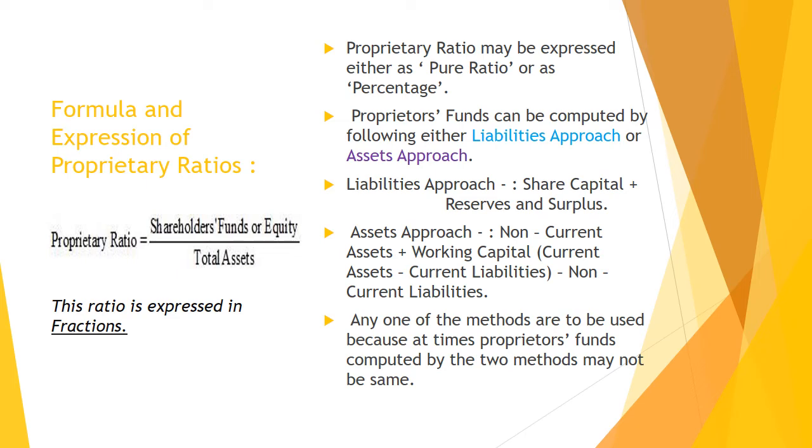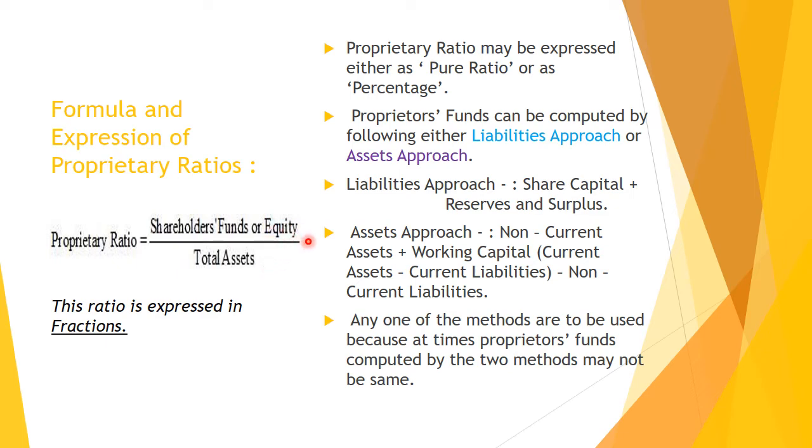Let us have a look into the formula and expression of the proprietary ratio. Now there is only one formula for proprietary ratio: shareholders' fund or equity divided by total assets. This ratio is expressed in fractions, that is, in is-to-1 form. But if they have told to find the proprietary ratio in percentage, the only difference is that in this formula you will just multiply by 100. So when it is multiplied by 100, whatever answer you have, that will be in percentage.